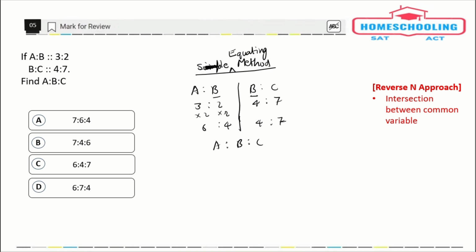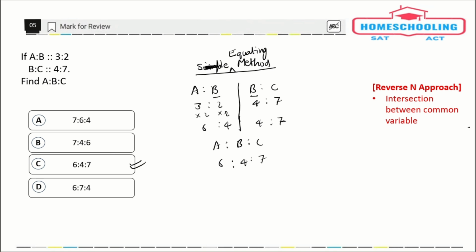So the final ratio would be 6, then B is 4, as you can see on both sides, and C is 7. So your answer would be 6, 4, 7.